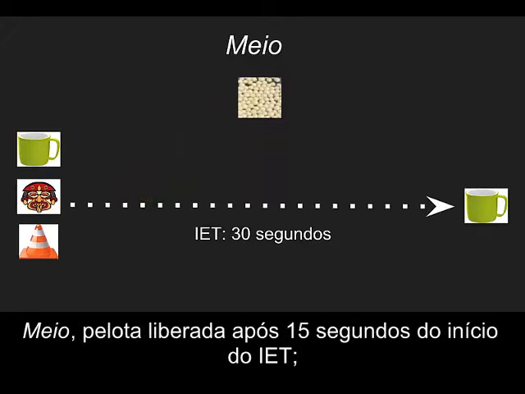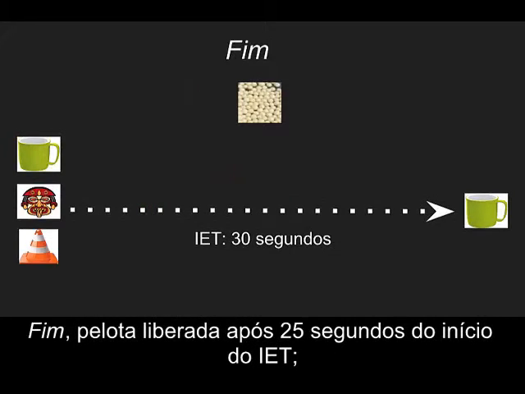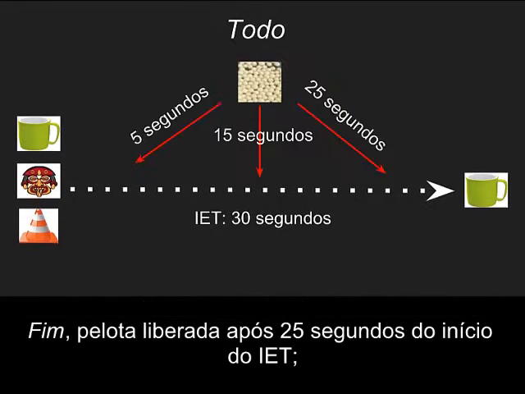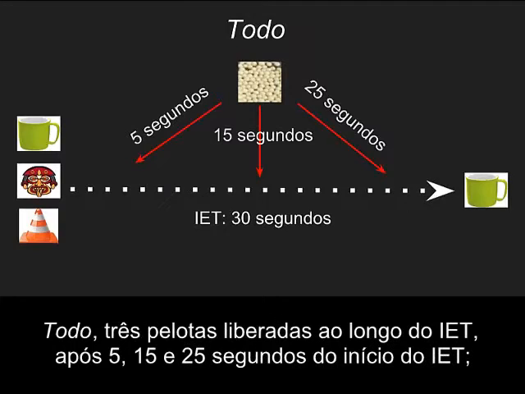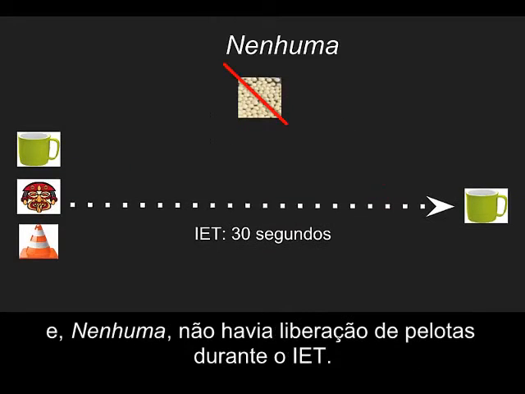Middle, pellet released after 15 seconds. Late, pellet released after 25 seconds. All, 3 pellets released along the ITI after 5, 15 and 25 seconds. And none, there was no release of pellets along the ITI.